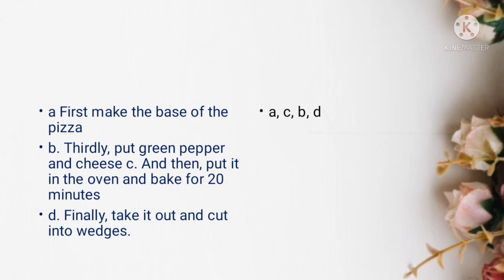You cannot straight away take thirdly after first. So you can take 'and then', which means next, put it in the oven and bake for 20 minutes. Thirdly can come as a third sentence. That's not a problem at all. Then finally, as it is given very clearly, you can take that sentence. Finally, take it out and cut into wedges.